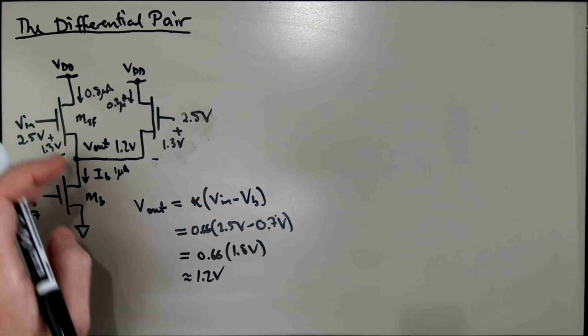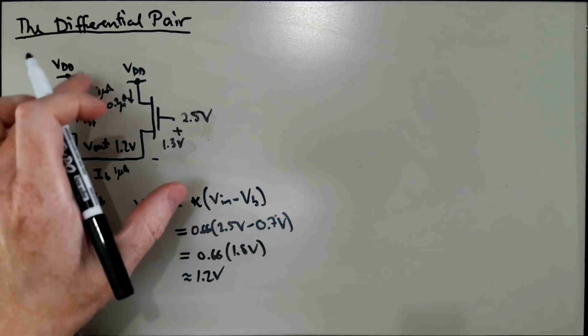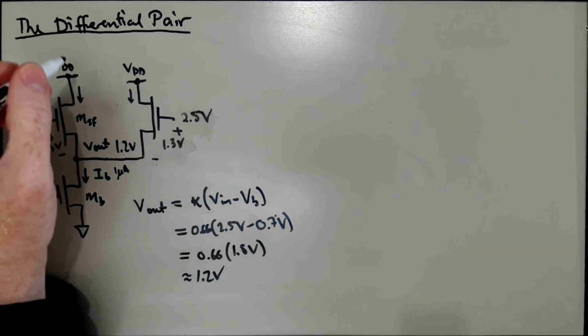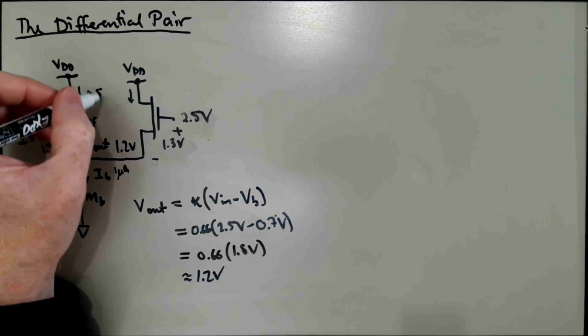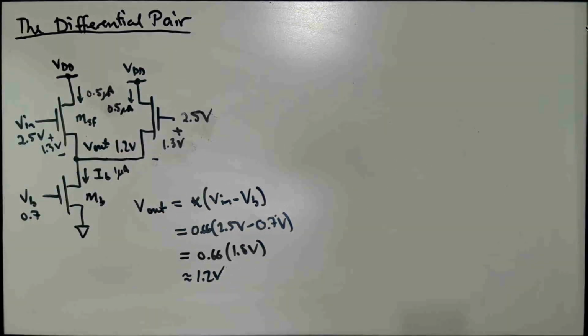But when these two transistors have equal gate to source voltage, what do we know about their currents? Well, the transistors are operating in saturation, and so the current in saturation is determined primarily by the gate to source voltage. And so they should be equal if they're matched, and that's our typical starting assumption here. And so they should have equal current, 0.5 microamps under those circumstances.